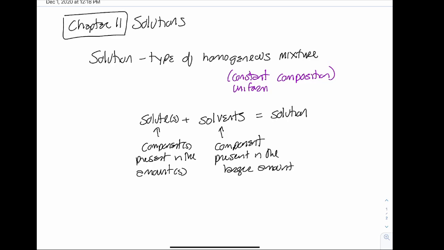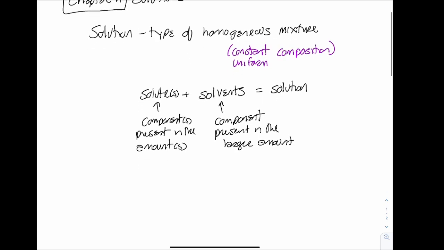So a solution is a type of homogeneous mixture, homogeneous meaning that it has a uniform composition, made up of two different types of components: a solute, and I can have more than one of those, and then a solvent. We're only ever going to have one solvent, the component I have most of. My solute or solutes are the components that I have less of. There are other types of homogeneous mixtures I had just mentioned.